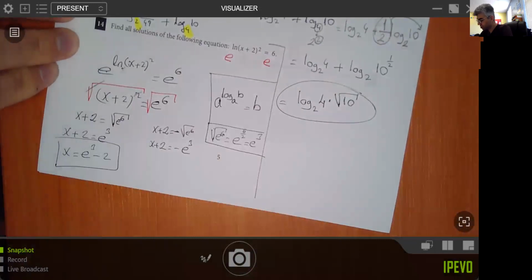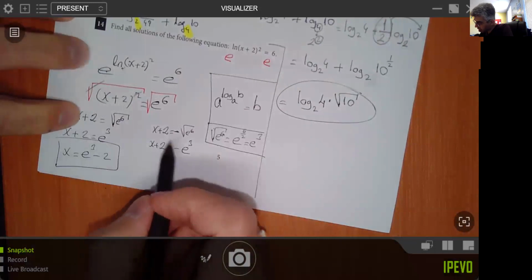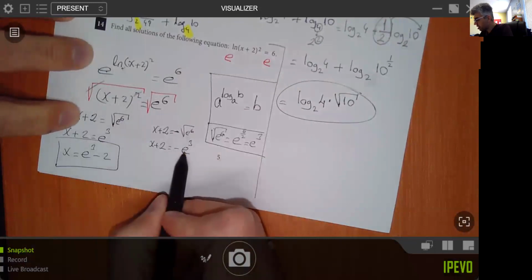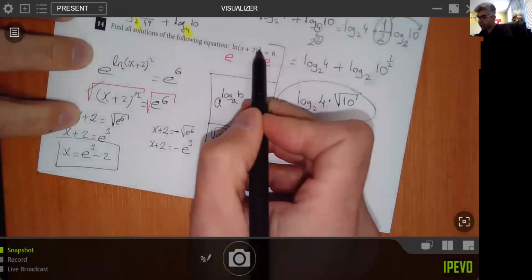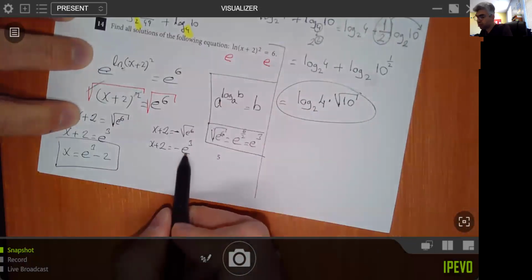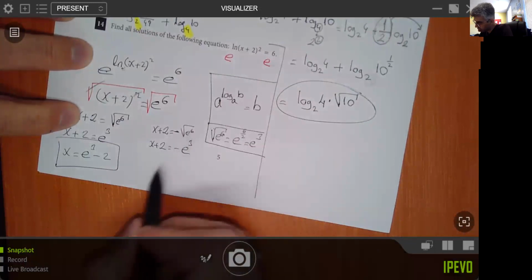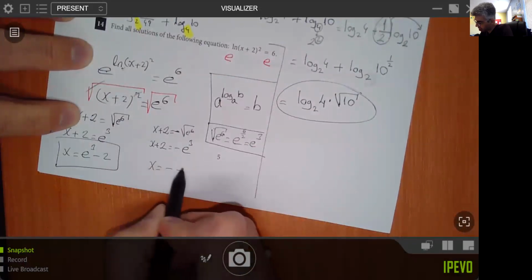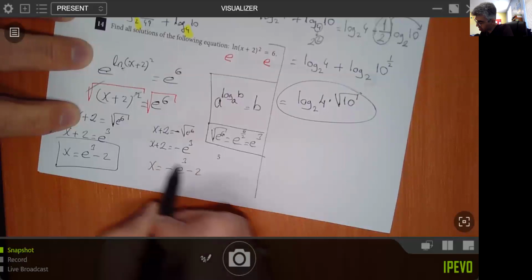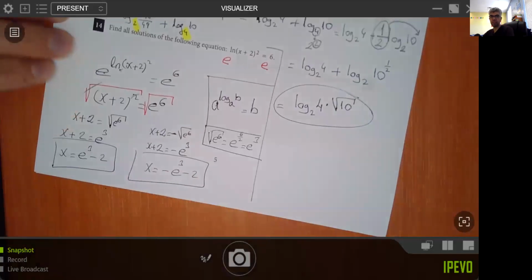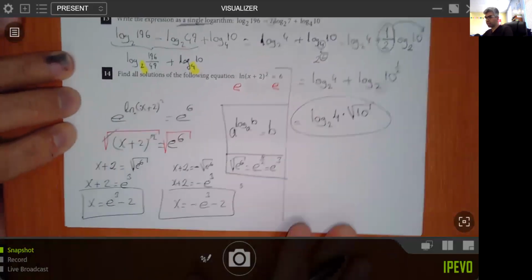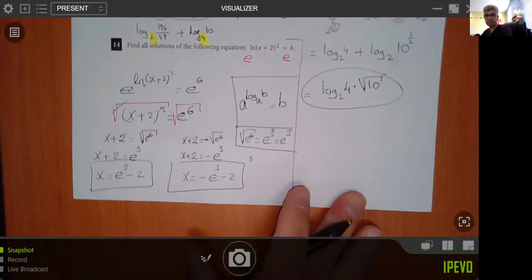Well, it's always positive because it's squared. So if x plus 2 is negative e cubed, its square will be positive. Also, I have a second solution from this equation: x is negative e cubed minus 2. And this is the second solution. I hope it is clear.